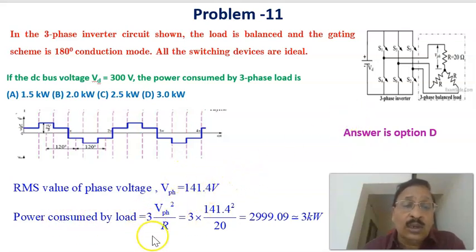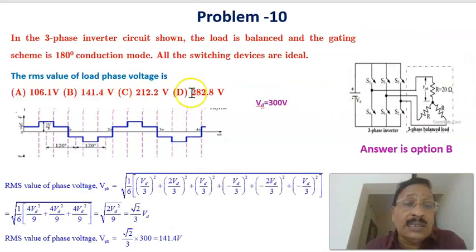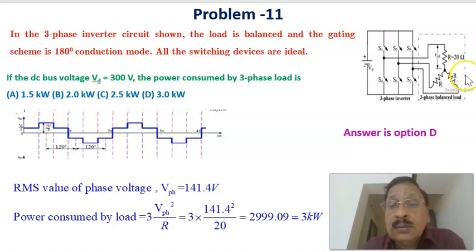The power consumed is given by, because the per phase voltage is this, the total power equal to 3 times the per phase voltage square divided by R, or 3 into 141.4 square divided by the resistance. As in the previous problem, the resistance is given as 20 ohms per phase.